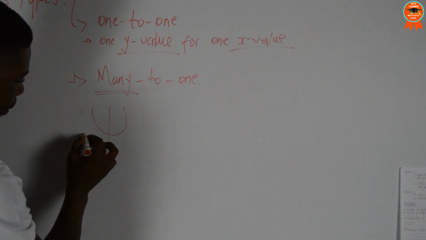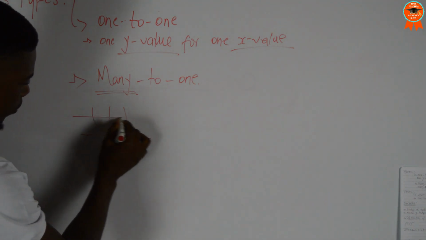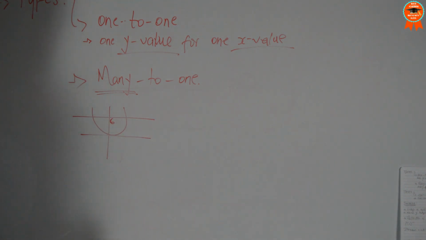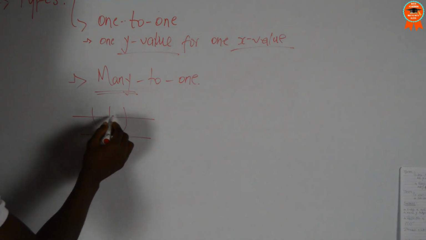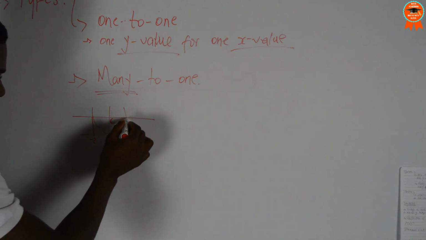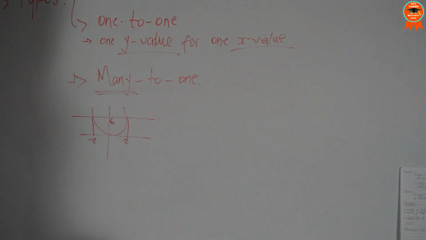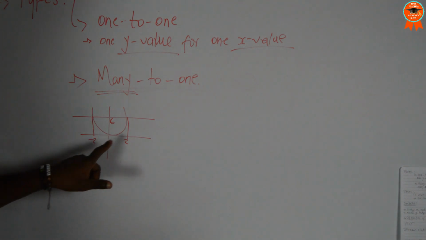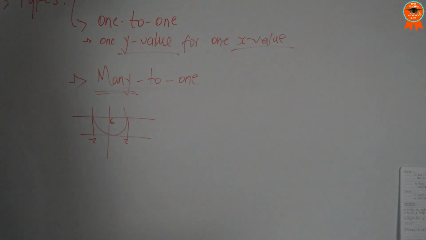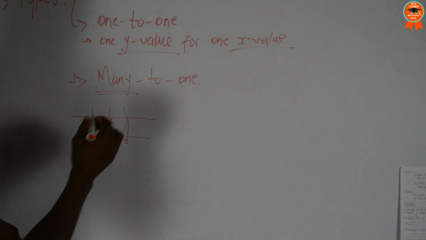Let's say this is a parabola, the y value, let's say it's 6. It's constant, but then we can have negative 2 here and 2 here. That means we have 2 x values for one y value. That is a many-to-one function.